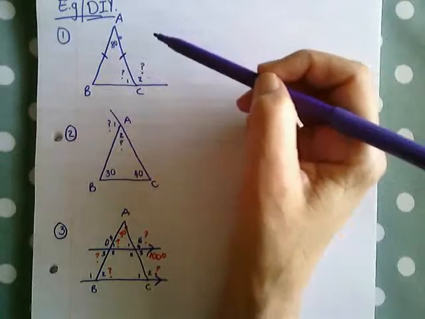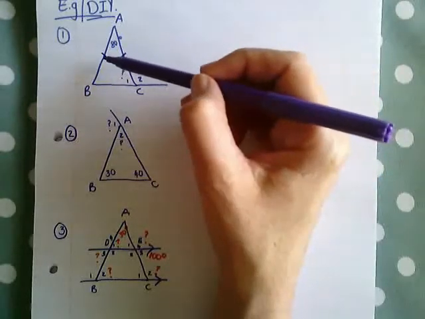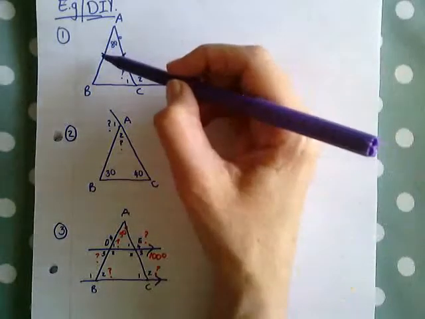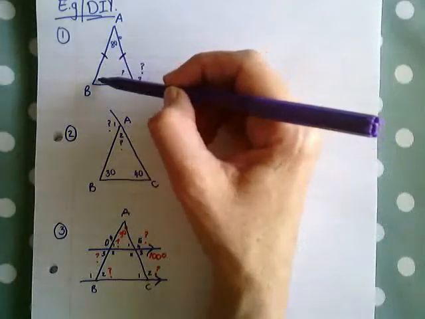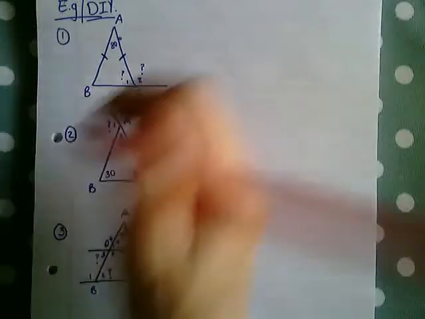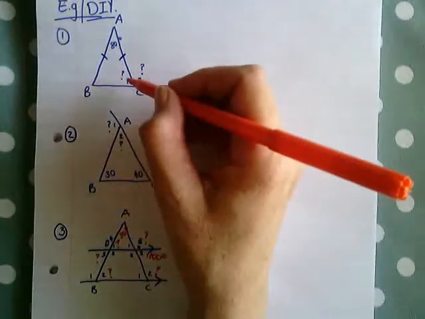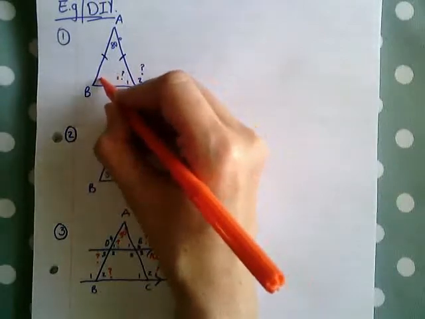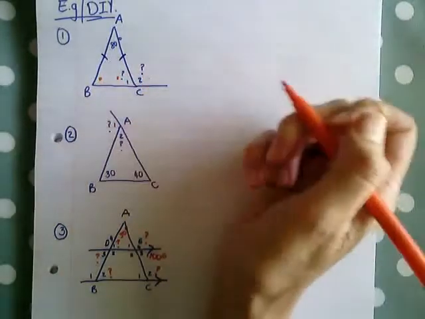Die oomblik wat ons 'n gelykbenige driehoek het, sê die reël wat ons nou net gedoen het, dat die twee basishoeke van 'n gelykbenige driehoek is ewe groot. So the rule we just did said that in an isosceles triangle, the two base angles are the same size. So that means this one is equal to this one. Those two are the same size.